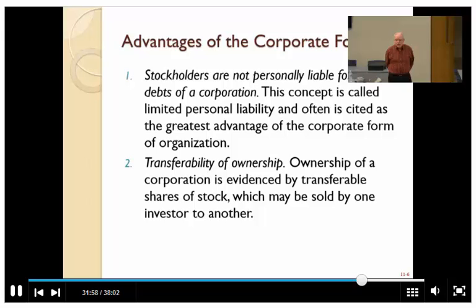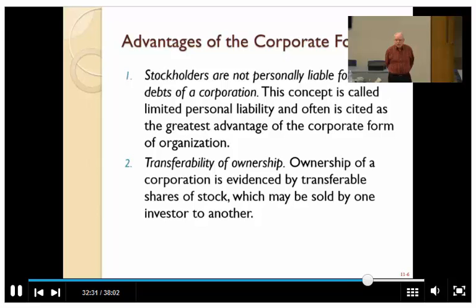All right, the biggest advantage of the corporate form of business is unlimited liability. If I'm a stockholder in a corporation, no, I said that wrong. The biggest advantage of the corporation is limited liability. If I'm an investor in a corporation and the corporation is sued, the most I can lose is my investment.